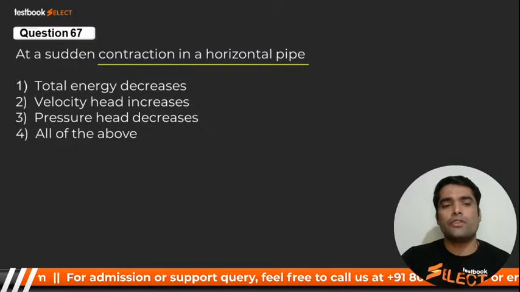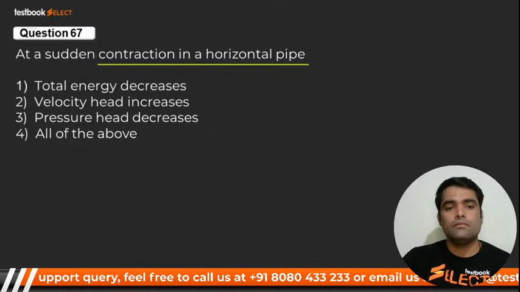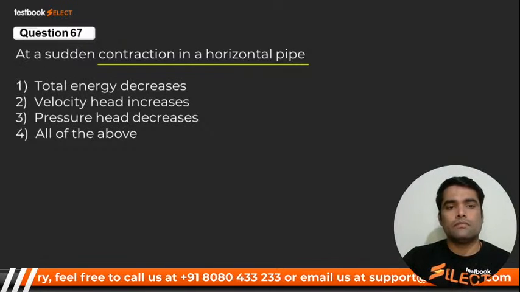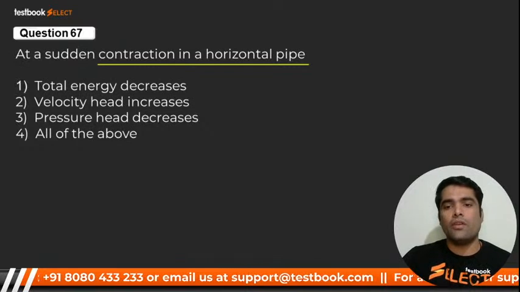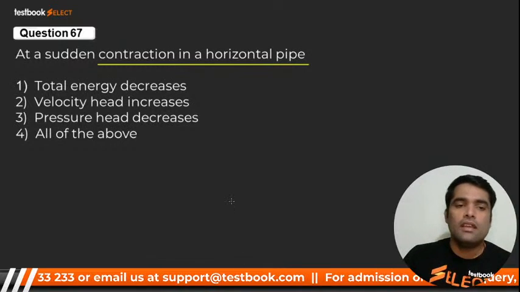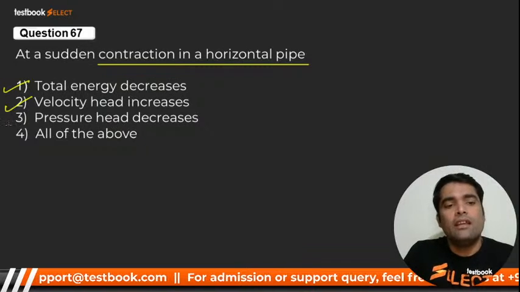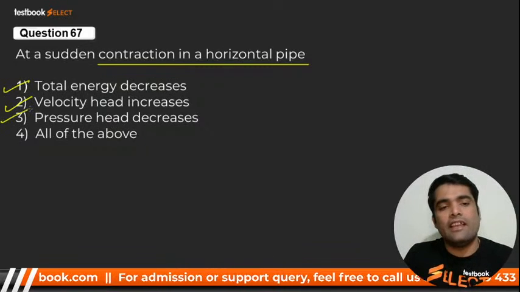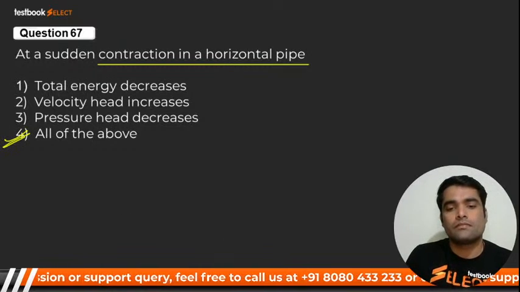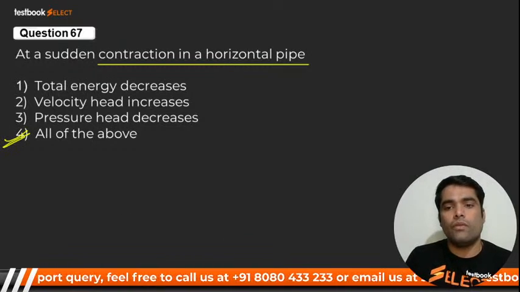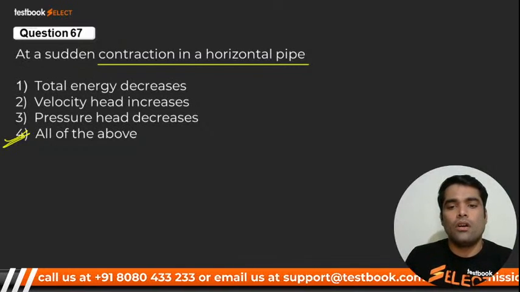Which one will be the option? It is none other than number 4. That is, total energy decreases, velocity head increases, and pressure head decreases, as the area is contracting. That is why. Very good.